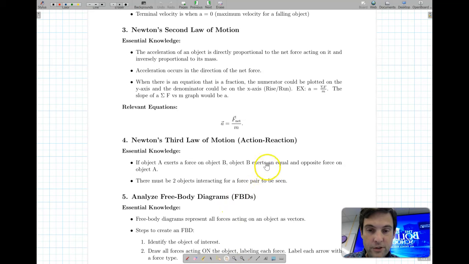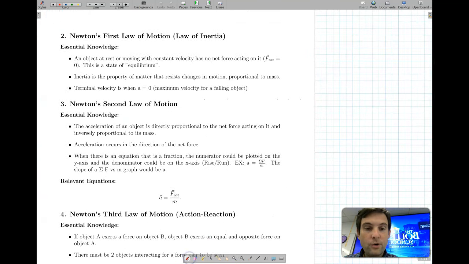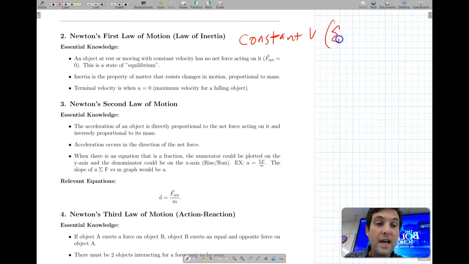Newton's first law of motion tells us that if we're moving at a constant velocity, that means the net force acting has to equal 0. Can't be any acceleration because acceleration is the change in velocity. If our velocity is not changing, we have no net force. This is the state of equilibrium. That means all forces are balanced in the x direction and in the y direction, or in the i hat, j hat, k hat direction.